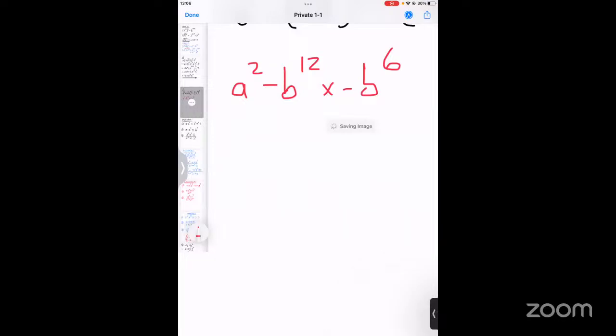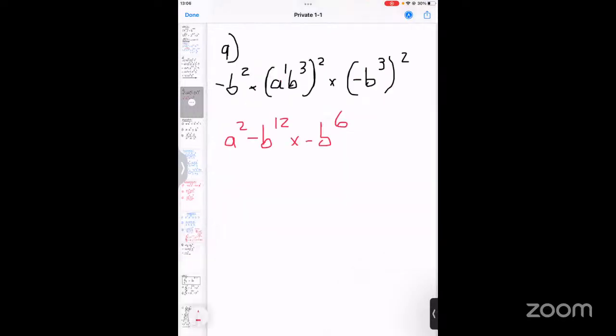So what I wanted you to notice on that one is that it looks like you have a squared minus b to the 12 times negative b to the that. So you need to write it as a squared, in between have a dot, either a dot or times, so that we know that this is negative b to the 12. And then you have negative b to the 6.